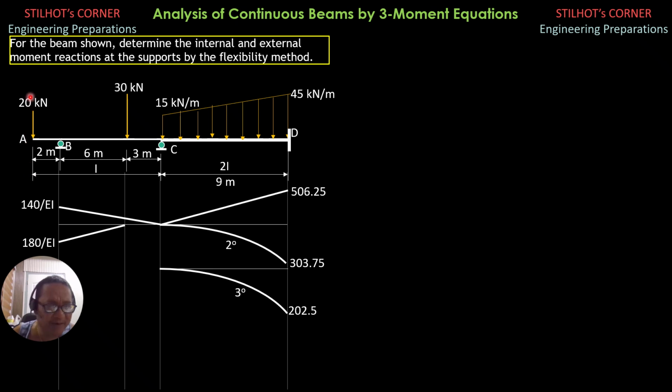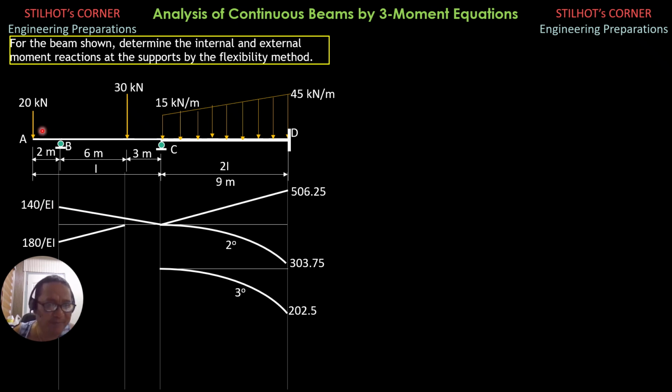But because this overhang has moment about B, which is negative 40, 20 times 2, negative 40 kilonewton meter. So 180 minus 40 is 140 over EI. I hope you understood the result 140 over EI.